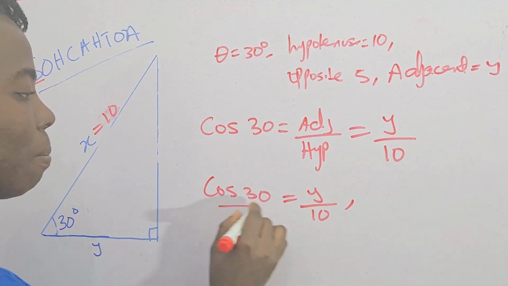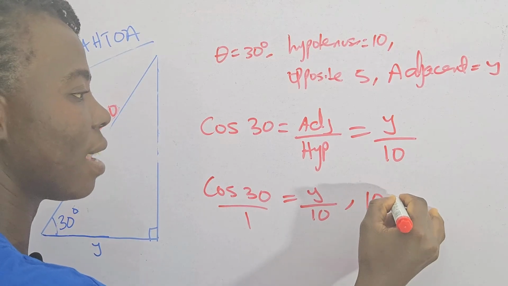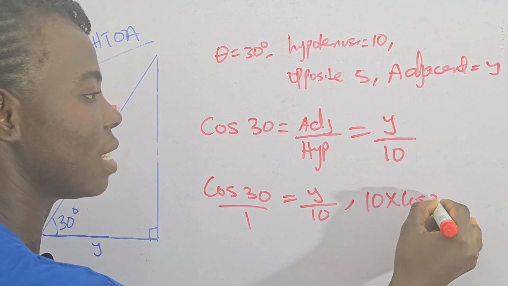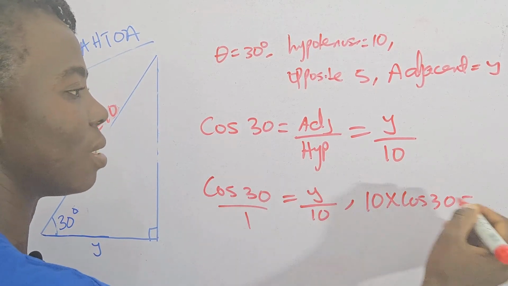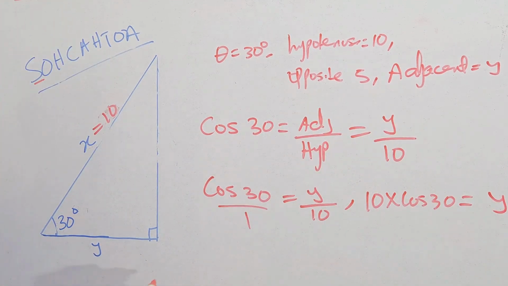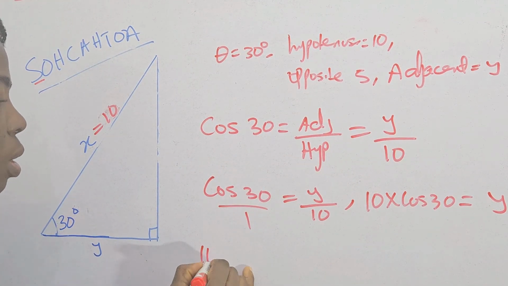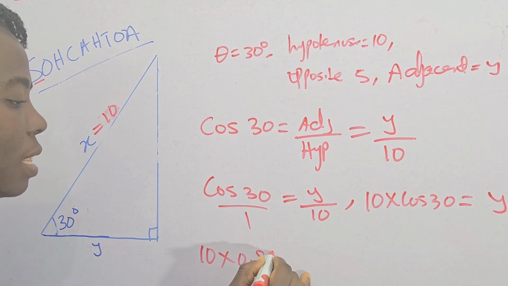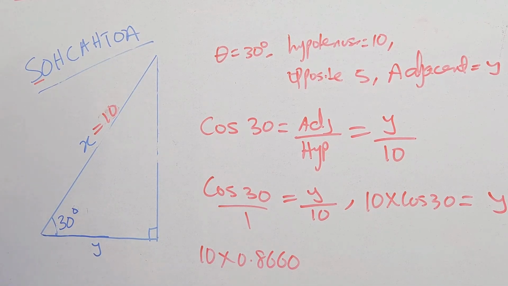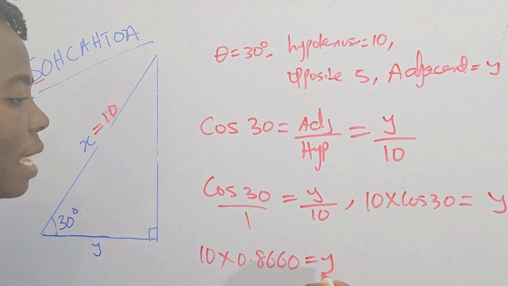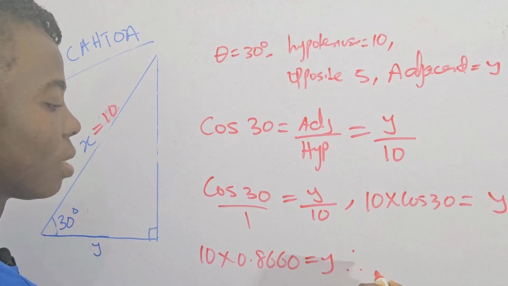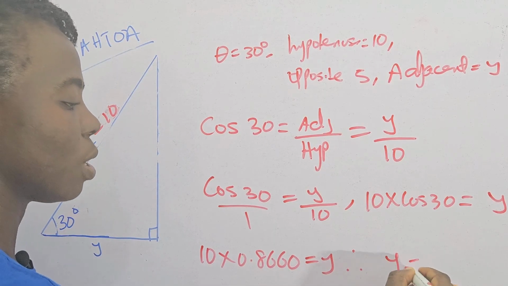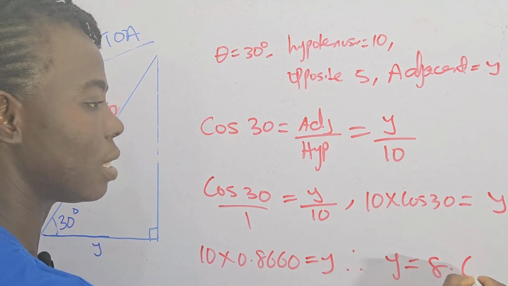If you cross multiply, you arrive at 10 times cos 30 equals 1 times y. Cos 30 is actually 0.8660 approximately. So you have 10 times 0.8660. You can use either your mathematical table or your calculator to find cos 30. If you multiply it carefully, you arrive at what? y should be equal to 8.660.